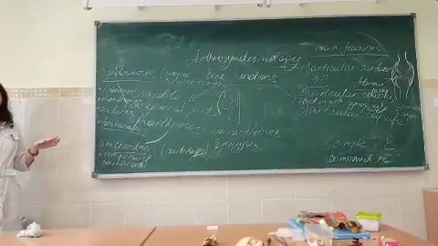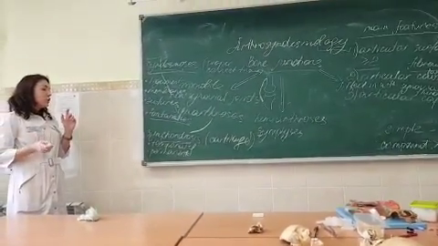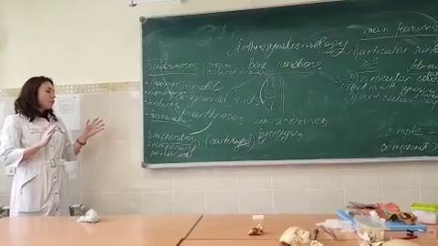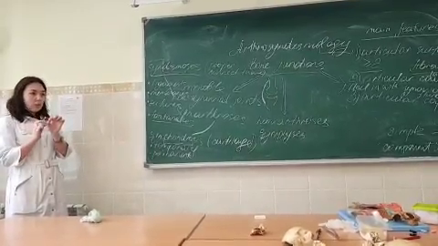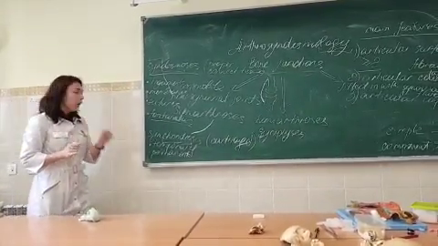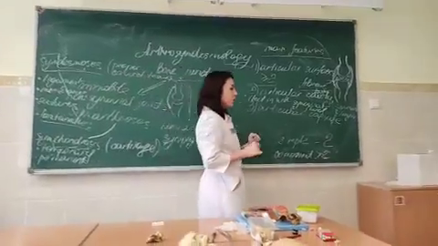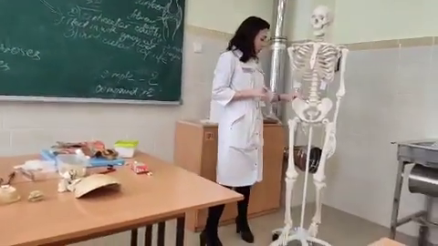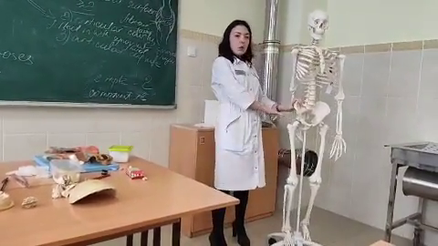Temporary synchondroses are those which exist up to a definite period of life, up to a definite age. An example of temporary synchondrosis is located in the region of the acetabulum.